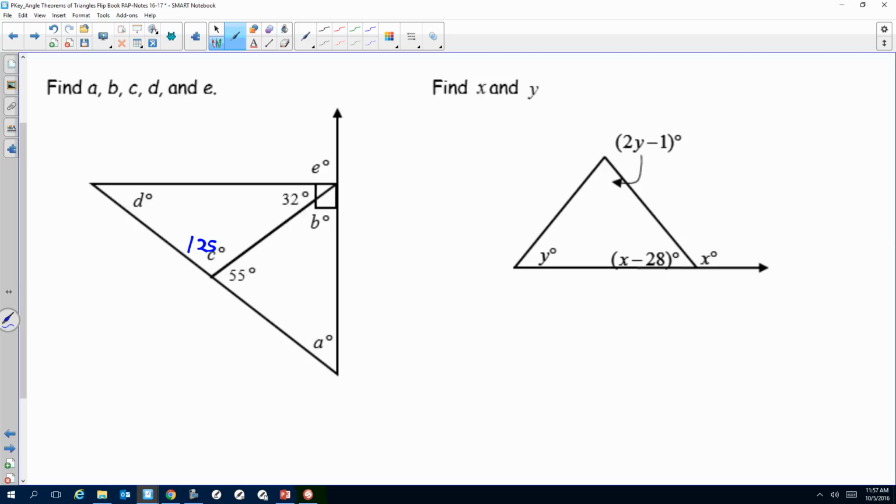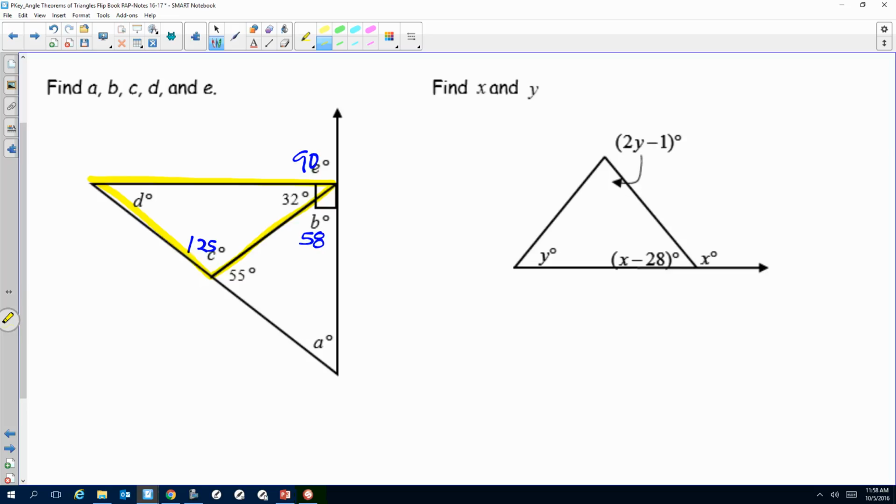There's another one we can automatically get the answer to. Which one? B and E. E we should know is automatically 90. B and 32 are complementary angles because we see that box right there. So we have 58. Now let's find our remaining angles. If I focus on a triangle at a time, I can now find angle D. So what do we need to do to get this?